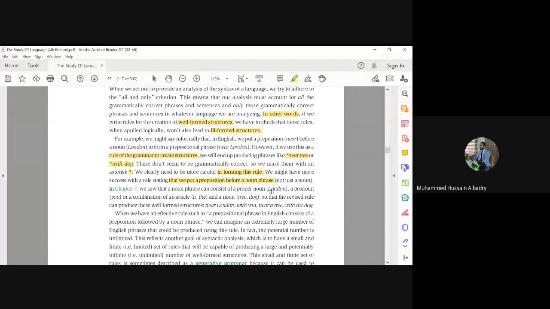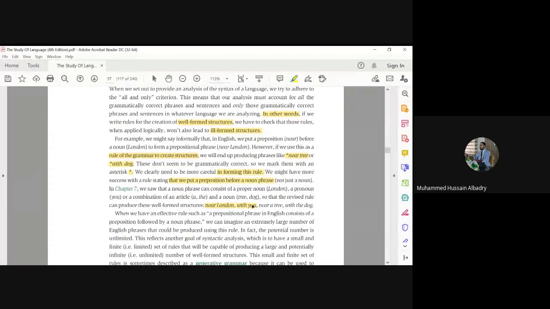A noun phrase consists of a proper noun, for example London, or a pronoun, you, or a combination of an article, a or the, and a noun, tree or dog. So we can say near London, with you: preposition and noun phrase.